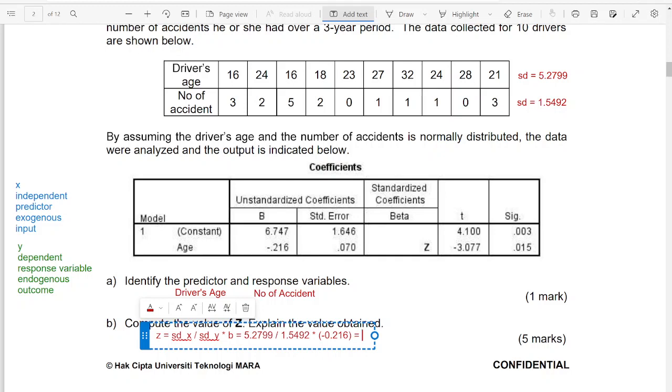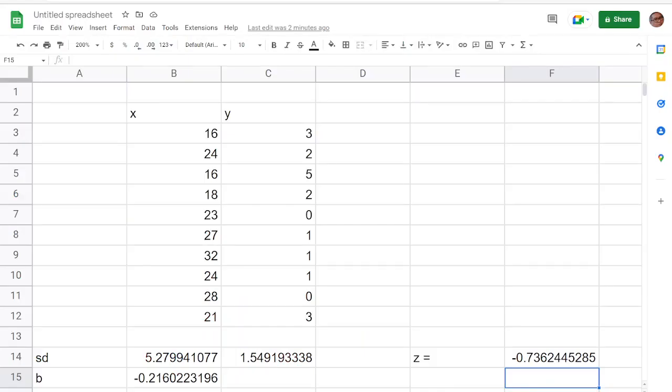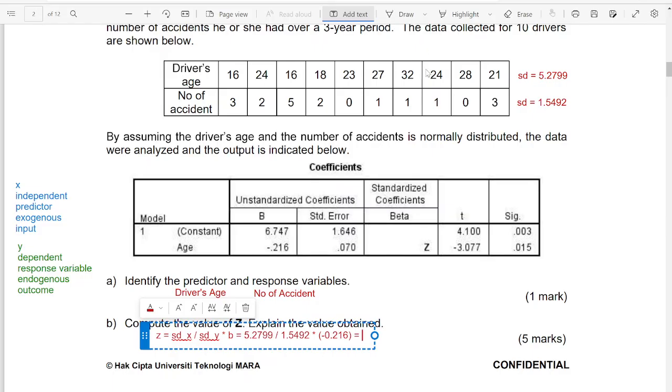Okay, so you will get this to be equal to, kalau you kira ni, you akan dapat bersamaan dengan berapa tadi? Negative 0.7362. So that will be the value of Z. Okay, so itu caranya untuk kita dapatkan nilai Z. So you have to find the standard deviation for the X variable, and then find the standard deviation for the Y variable, and then you take the ratio of these two values, and then you multiply with the unstandardized beta for each, right?